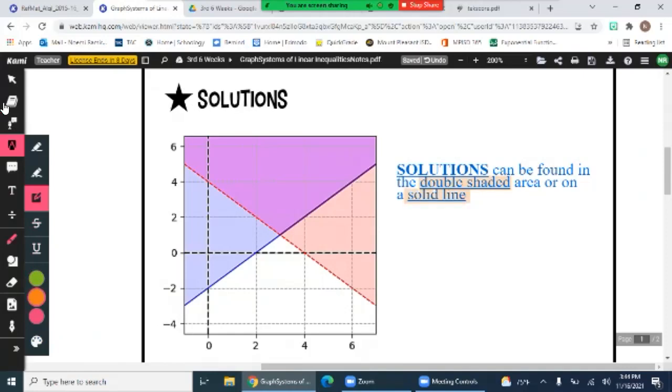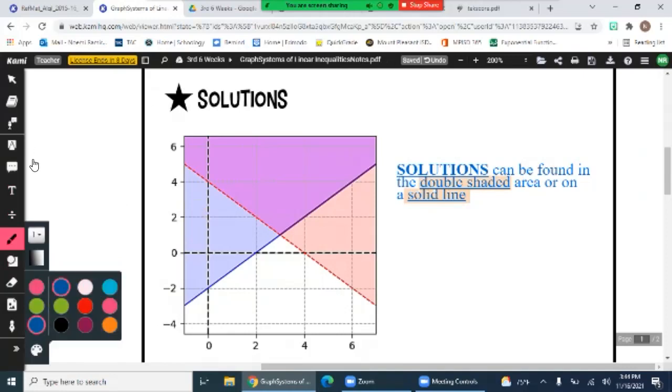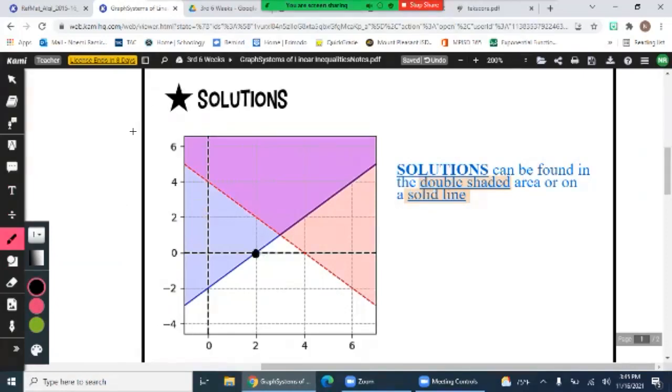So if we look at examples here, you'd be looking at points like, let me erase that. I'm going to do it in black. So here, 0, 2 would not be considered a solution because even though it's on a solid line, it's not here in the purple, in the double shaded area. 2, 2 is not because it's on a dotted line.